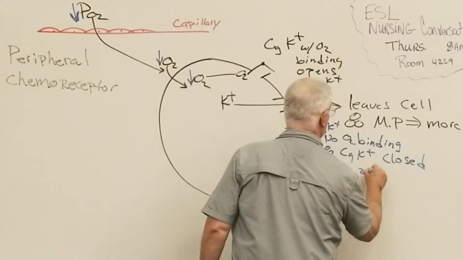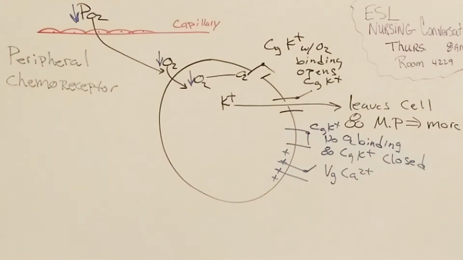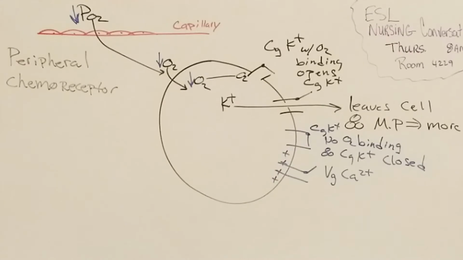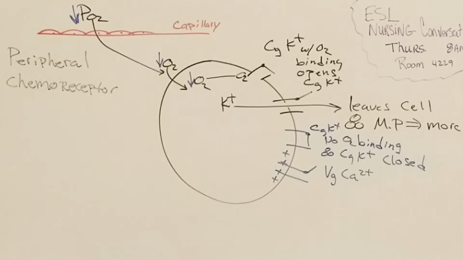What makes a voltage-gated calcium channel open? Voltage. What's another name for voltage, maybe, do you think? Membrane potentials. So if that membrane potential becomes positive enough, we can open up these voltage-gated calcium channels. Where's there more calcium, inside or outside? Outside. That means calcium is going to come in.